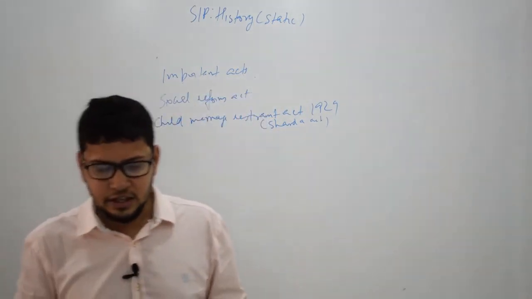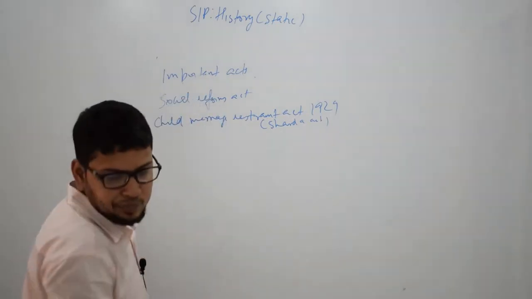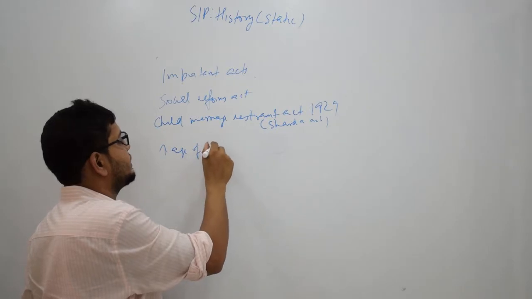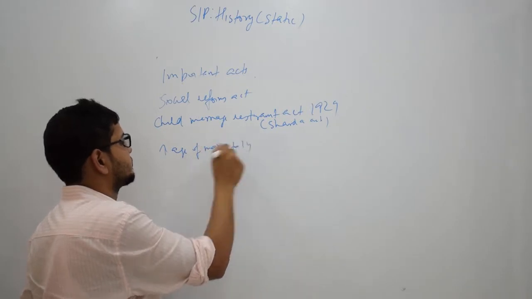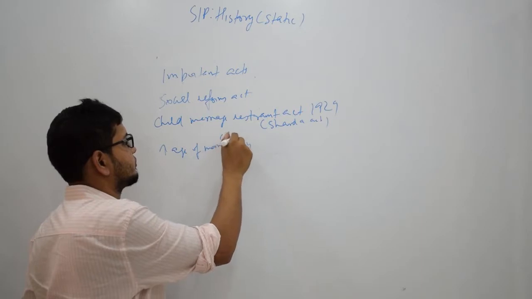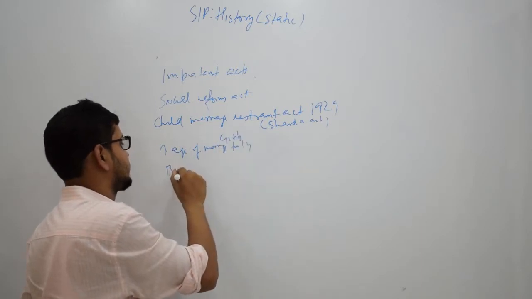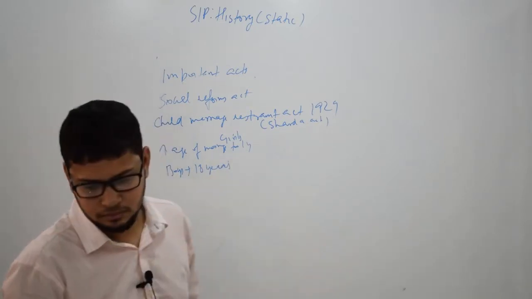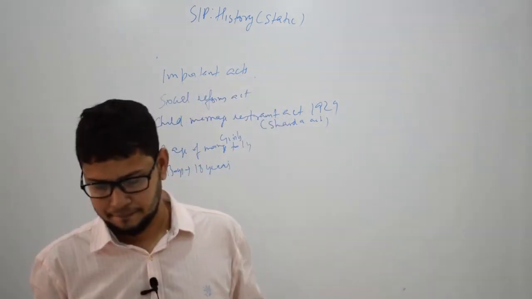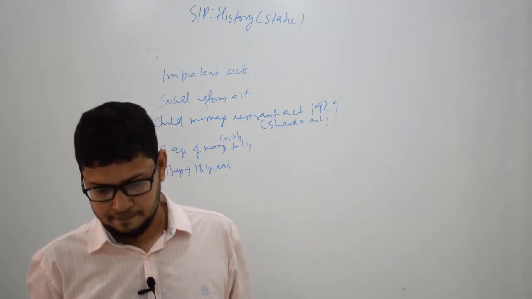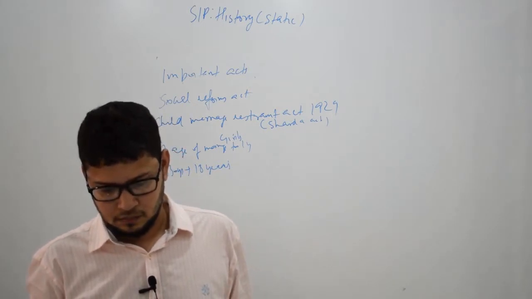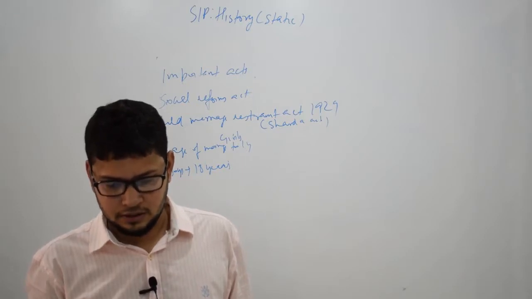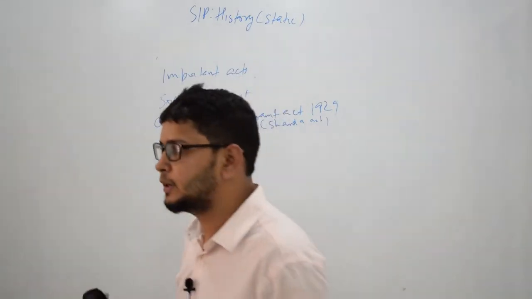So it increased the age of marriage for girls to 14 years and for boys to 18 years. Next we will discuss educational development in British India.